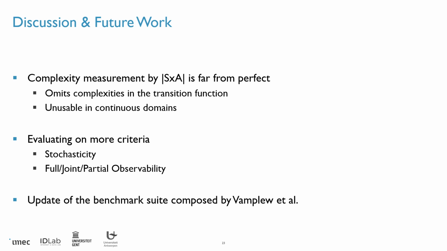Next, in this paper, we considered 4 evaluation criteria: whether or not the Pareto front is known, complexity of the benchmark, how widely it is adopted, and how easily available it is. Besides these criteria, there are many more that could also be interesting to research, including stochasticity and whether or not the benchmark is fully, jointly, or partially observable.